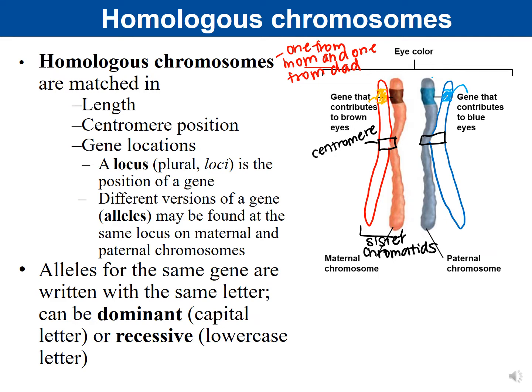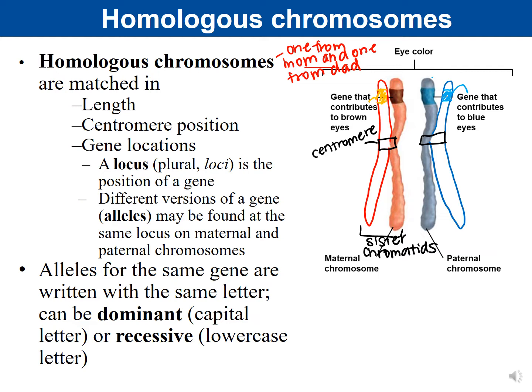Now, the position of the gene on the chromosome is referred to as that chromosome's locus, or plural, loci. So if we're talking about multiple locus, we would call that loci. If we're looking at the gene for eye color, on this chromosome, let's say this is chromosome 11, if we look at this chromosome at the same position on the homologous pair, you're going to find the gene for eye color.